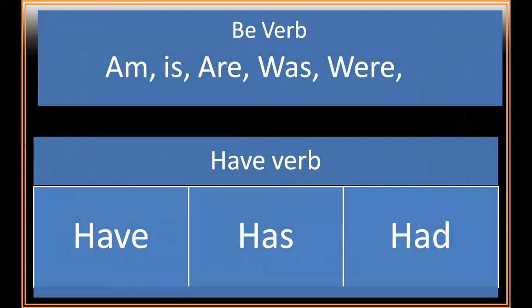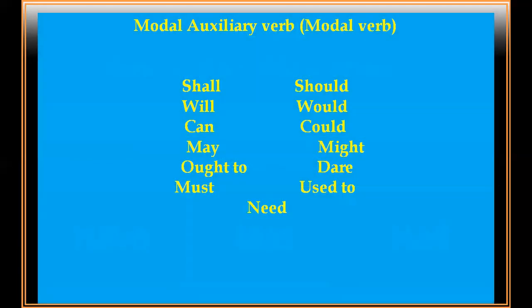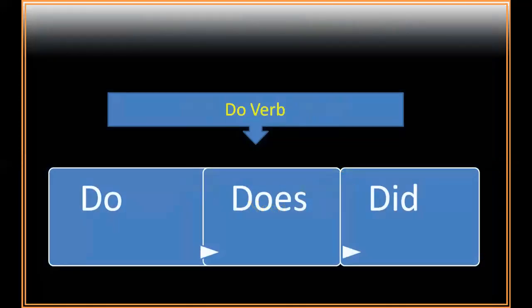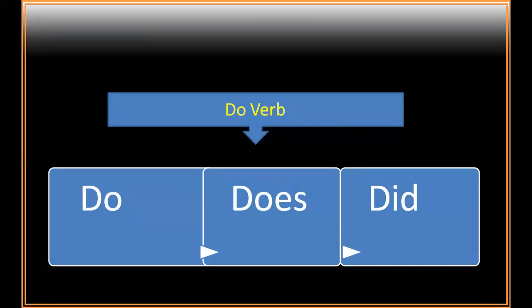And shall, should, will, would, can, could, may, might, ought to, dare, must, used to, need. These all are modal verb or modal auxiliary. And these are main verb or do verb: do, does, did. Similarly, you can write here play, plays, played. Speak, speaks, spoke. These are the main verb forms.